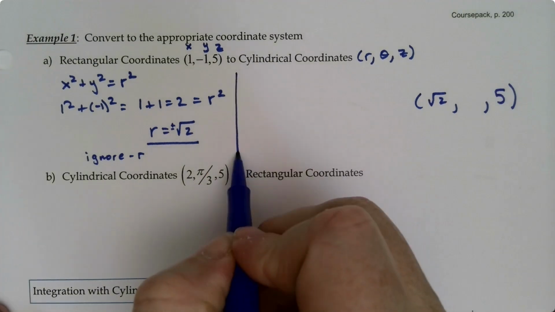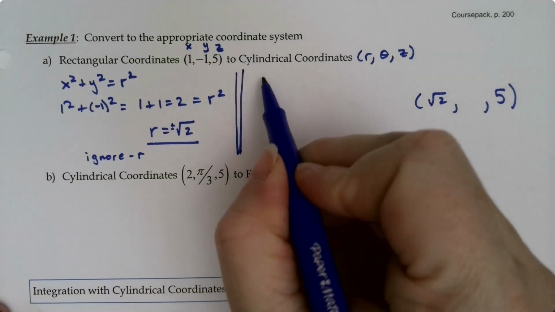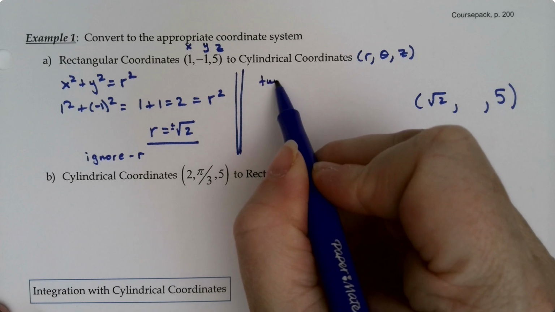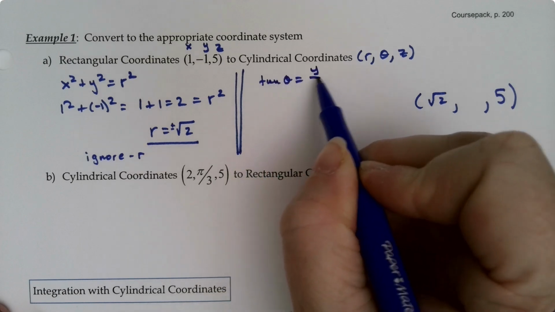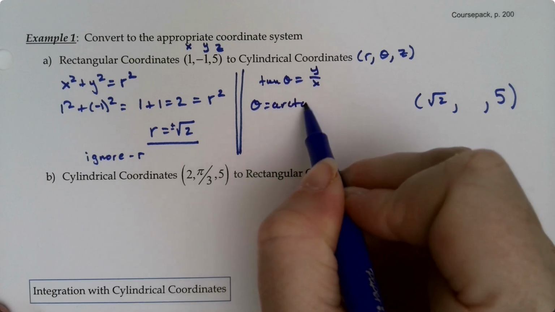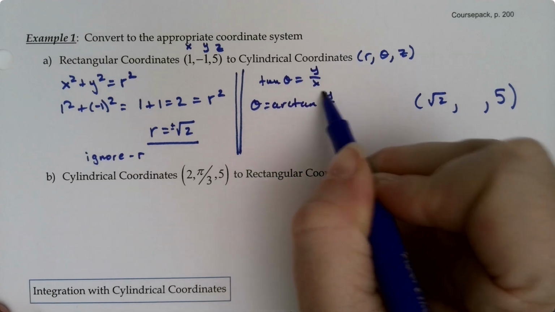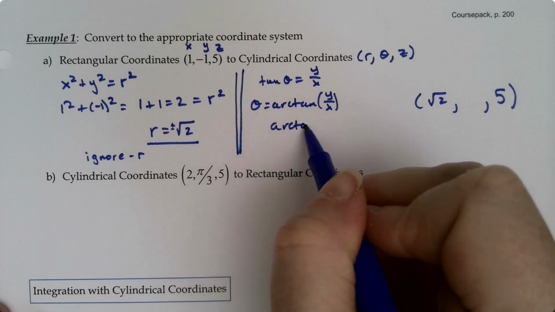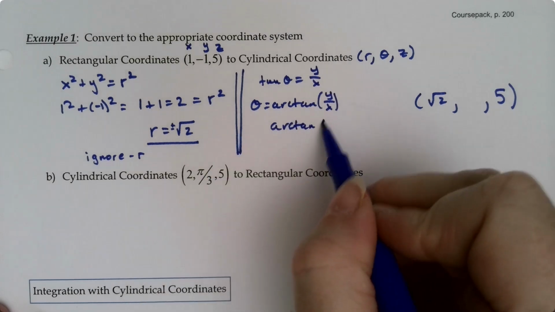Okay, so I figured out the r. Now theta. The tangent of theta is y over x. So that means that theta is the arctangent of y over x, which would be the arctangent in our case of negative 1 over 1.